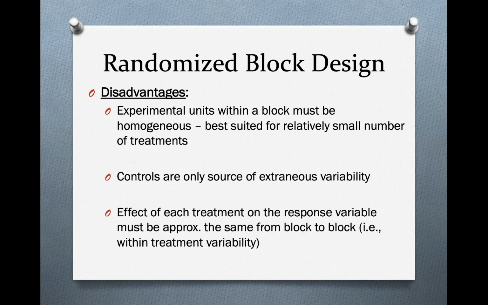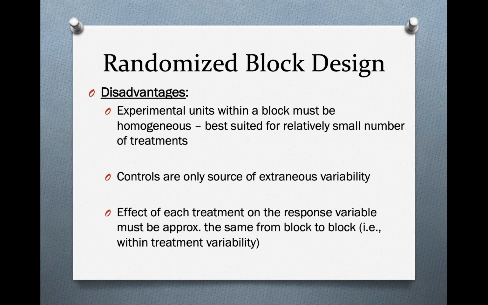Some disadvantages are that experimental units within the block must be homogeneous, meaning that they must be as close to the same as possible. And so that means that this RBD design is best suited for a relatively small number of treatments. So probably 3 to 5 treatments is all you would want to use with a randomized block design.